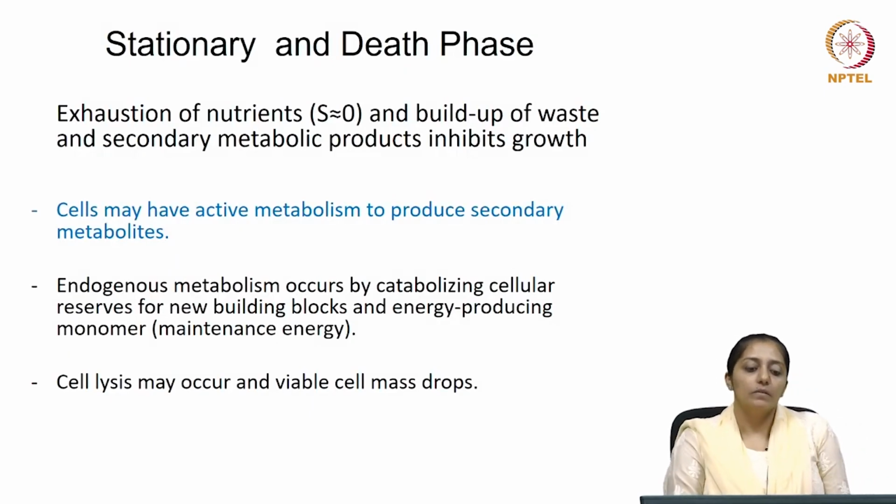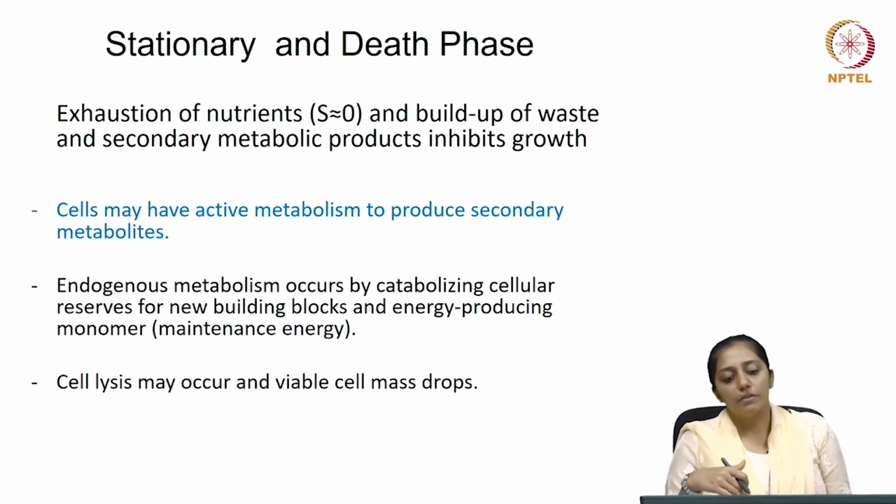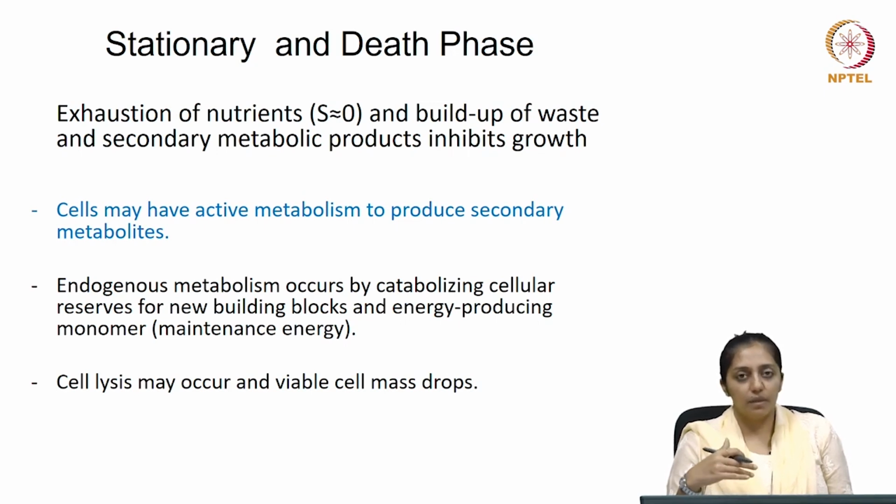Now, talking about the stationary and death phase, they appear when there is exhaustion of nutrients, which means the substrate is nearly completely consumed and there is buildup of waste and secondary metabolic products which might be inhibiting growth. This can be clubbed under endogenous metabolism.